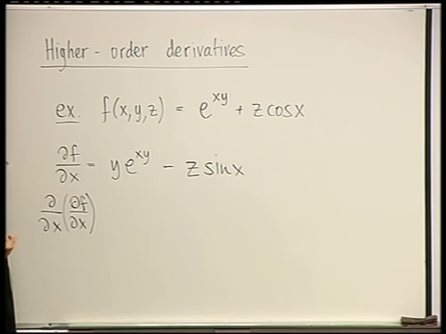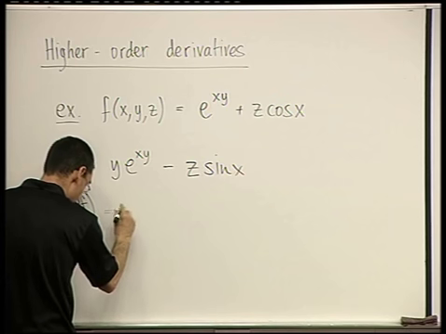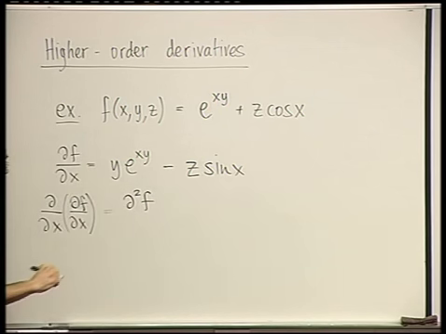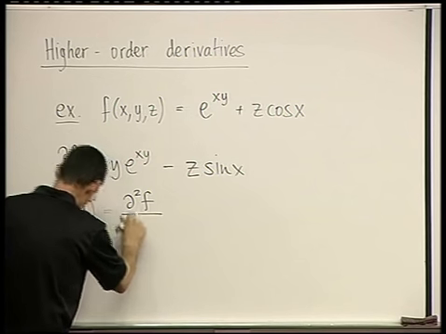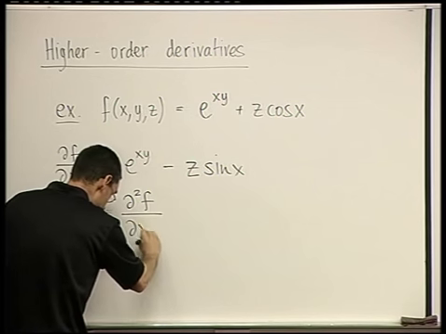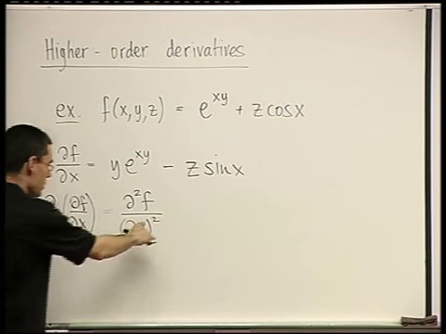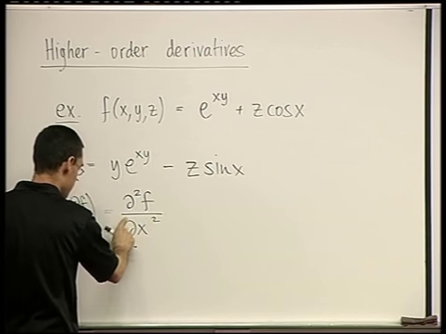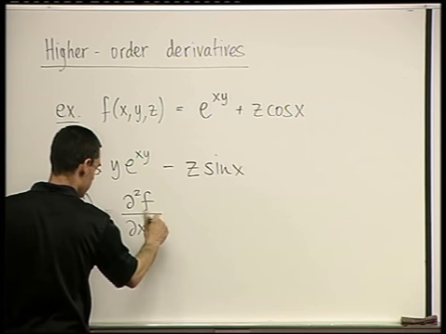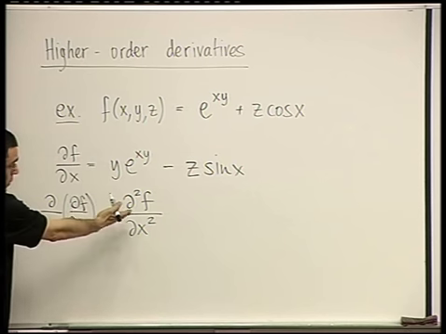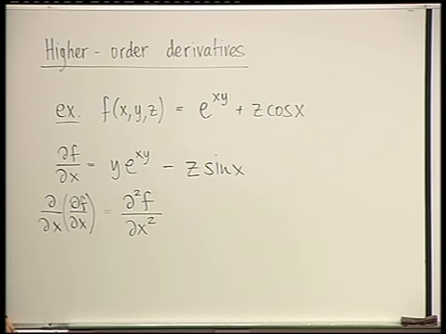And there's notation for it. The notation is d squared f divided by dx squared. And sometimes you even omit this. In fact, you write it like this. Okay, this is just notation, short for writing this.